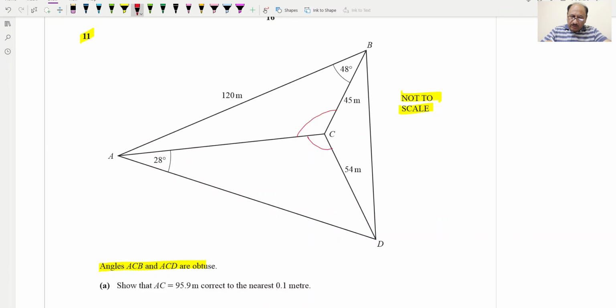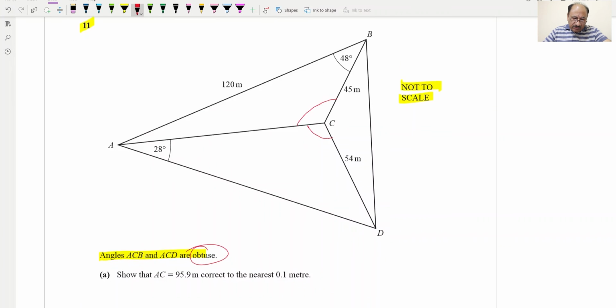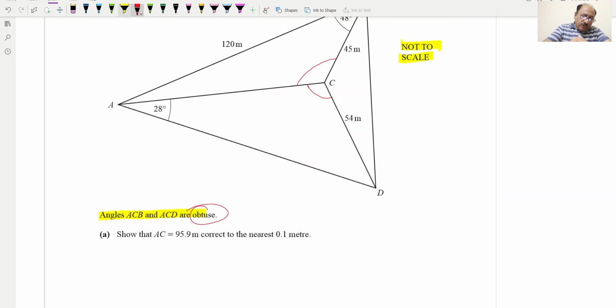So these two angles are obtuse, more than 90 and less than 180. Now we have to show that AC is equal to 95.9. AC is basically this length which we have to show as 95.9 meter, correct to the nearest 0.1 meter.